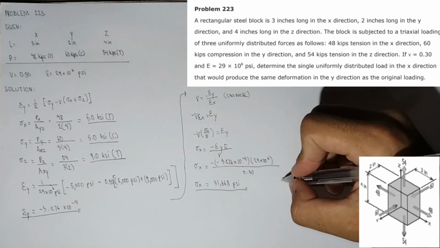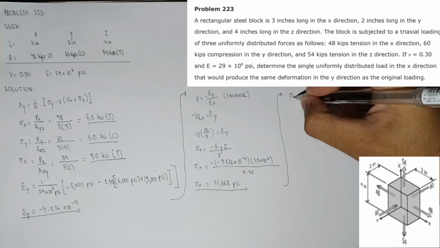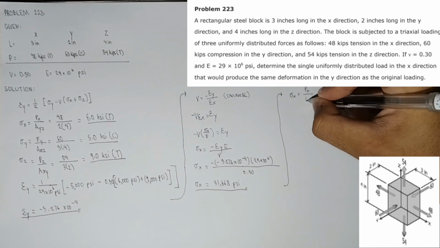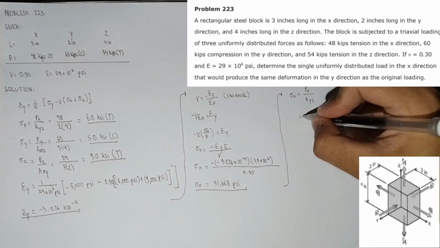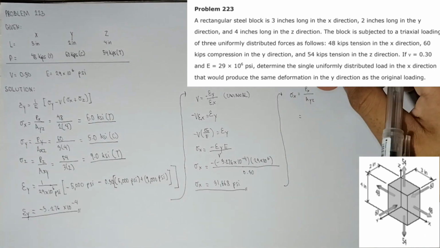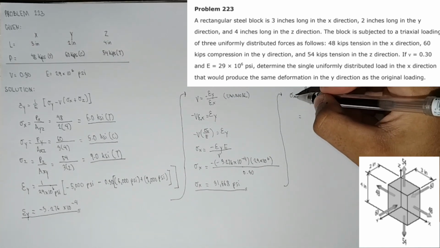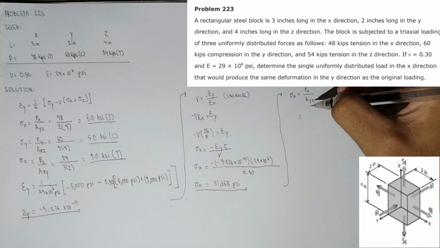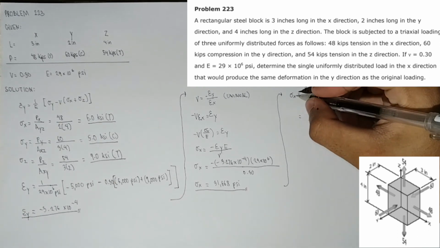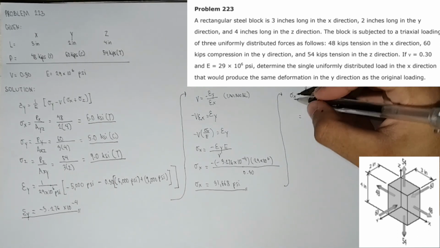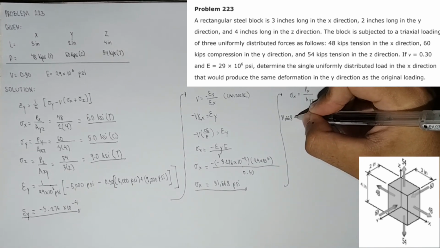Based on this stress formula, we can get the force in the x direction because we already have the stress in the x direction, and obviously we have a given area. So stress in X here is 31,668 PSI.